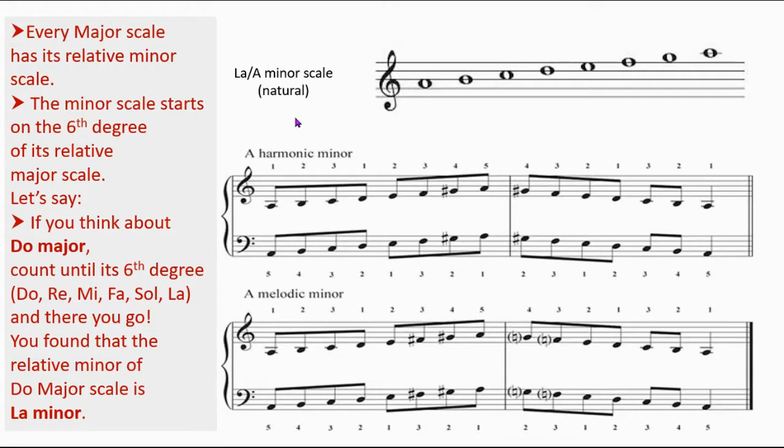The melodic minor: when you play the melodic minor scale, you raise up the 6th and the 7th degree in the ascending way of the scale, but in the descending scale, you play natural minor. This is how to play the melodic minor scale.